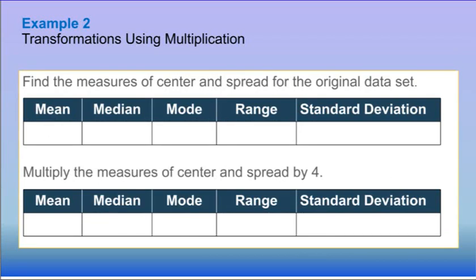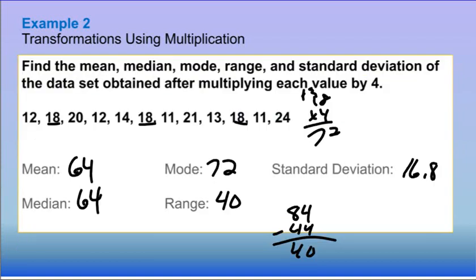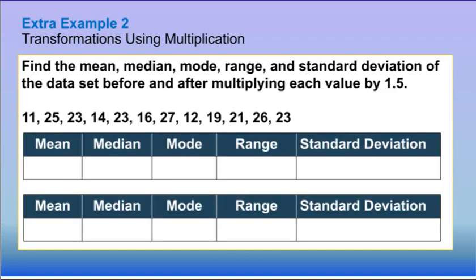The original would have been 16, 16, 18, 13, and 4.2. You can see that they all did change based on what we had here, just multiplying everything by 4. Moving on to the next one.